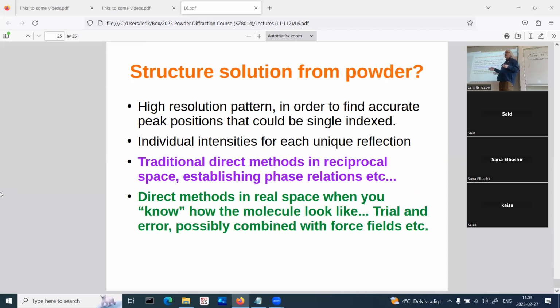Then it's necessary to know something about the structure, how the molecule looks. I think Ken will speak about that tomorrow, and it's some kind of combination where the molecule can be modeled perhaps with a force field or something like that. Very fast calculations, so it's easy to do. With powder diffraction, you also have a possibility to obtain a low-accuracy structure model.